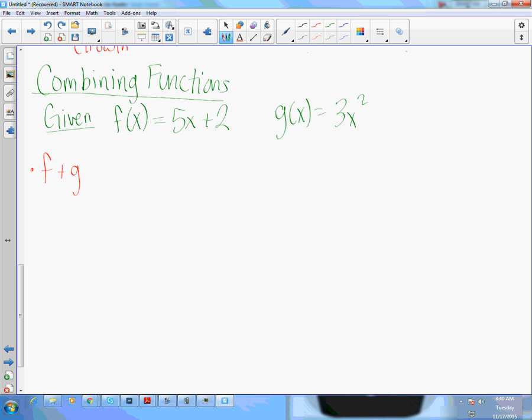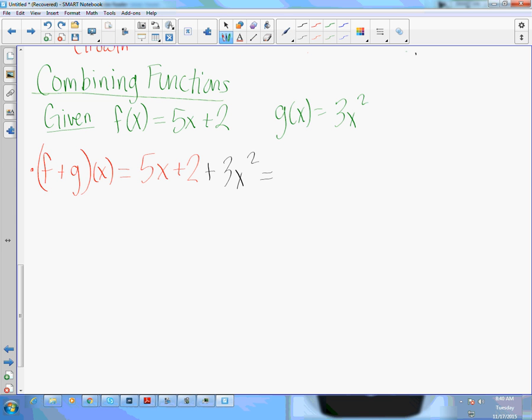F plus g of x. It's pretty straightforward. We take f and we add g. So I take f and I add g. And then I just make sure my answers are in the correct order.